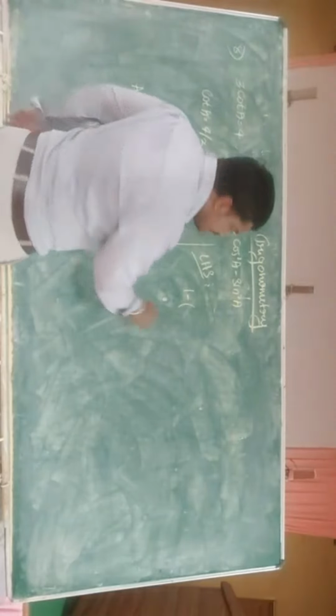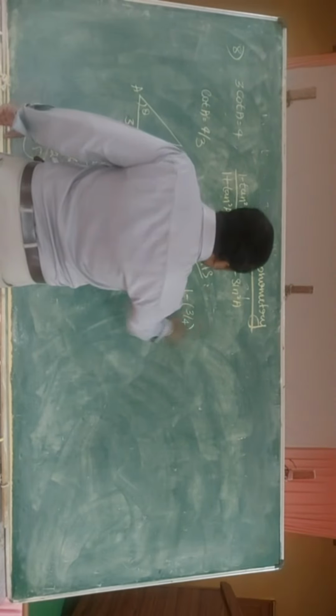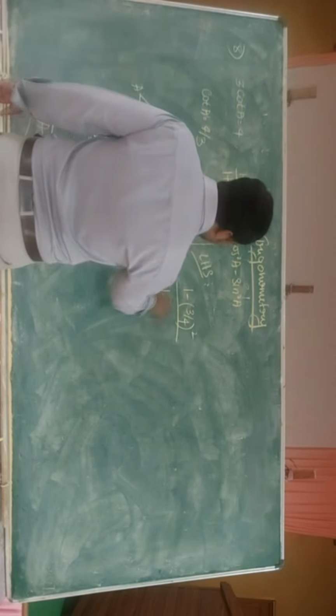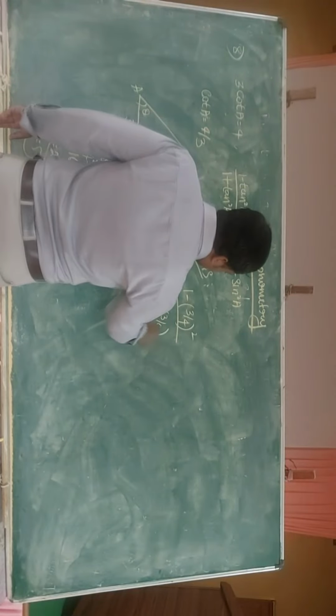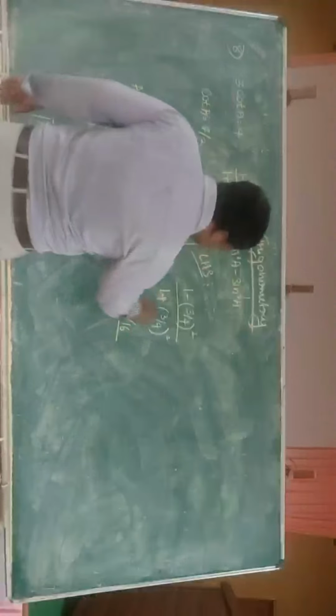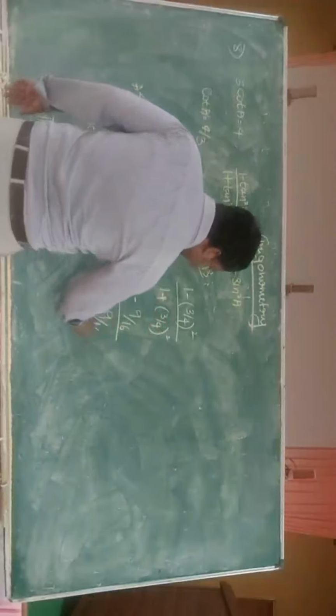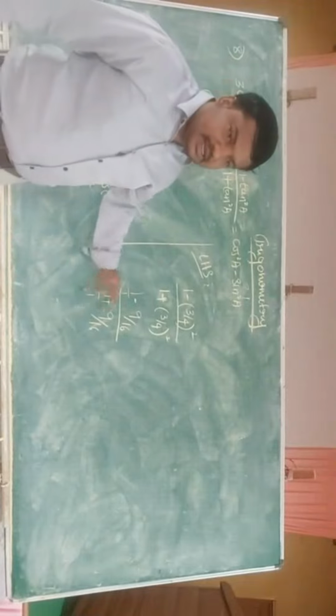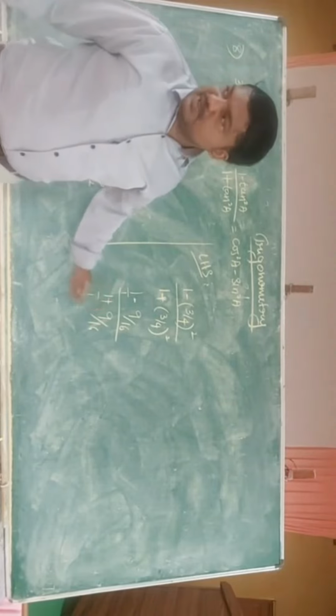1 minus (3 upon 4) whole square divided by 1 plus (3 upon 4) whole square. Simplify this one. 3 square is 9, 4 square is 16. The LCM in numerator and denominator is 16.